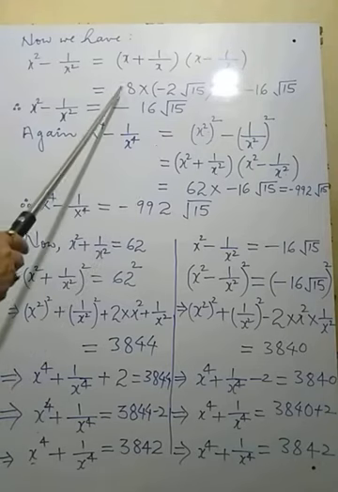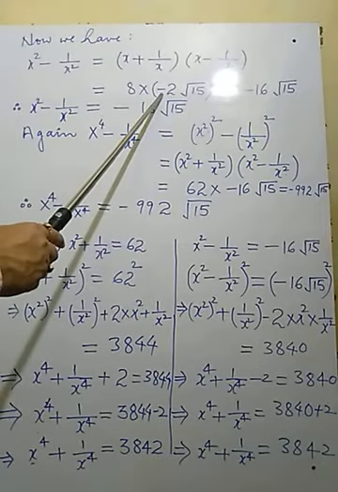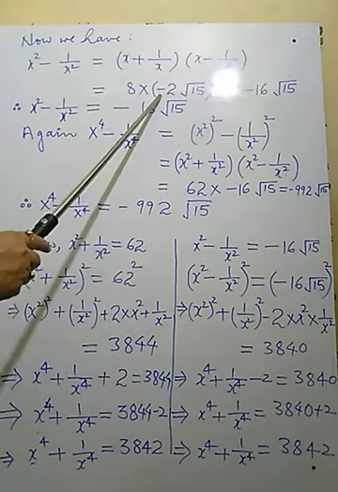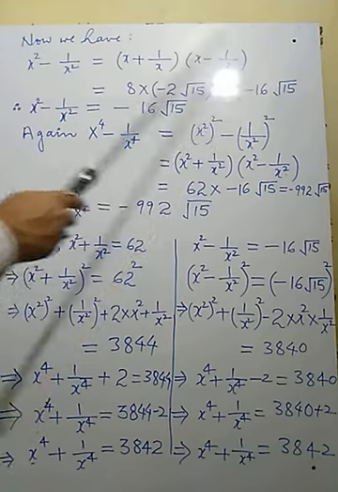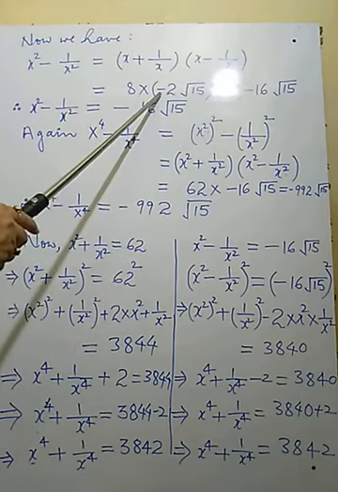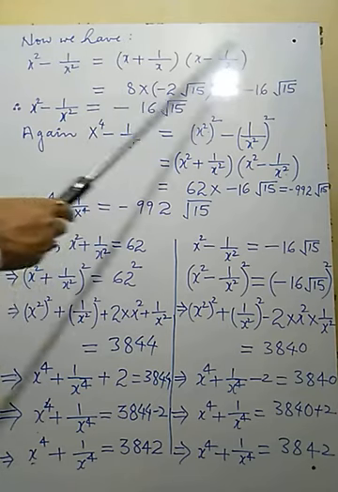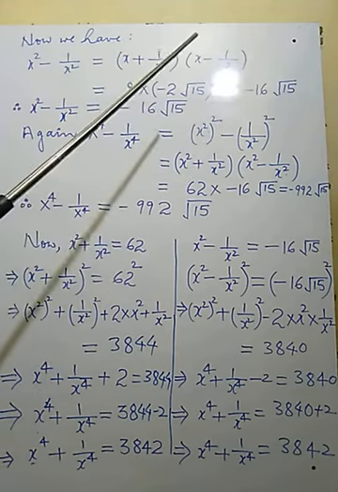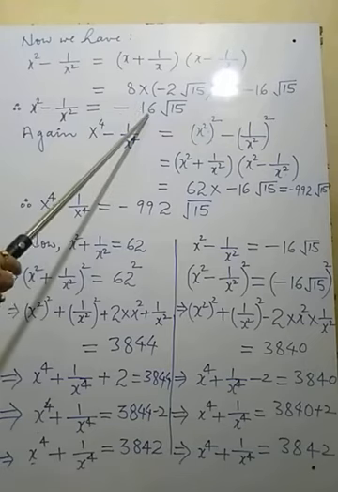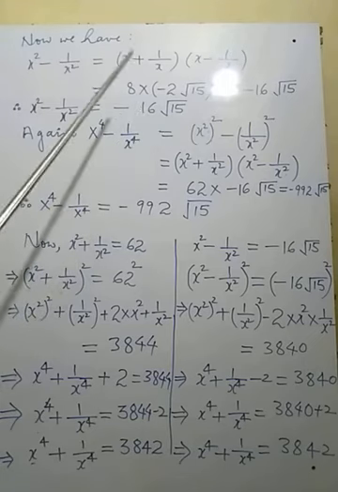So here one is positive, the second one is negative, both are unlike, and if both are multiplied, the result is negative. Now x square minus 1 upon x square becomes minus 16 root 15.